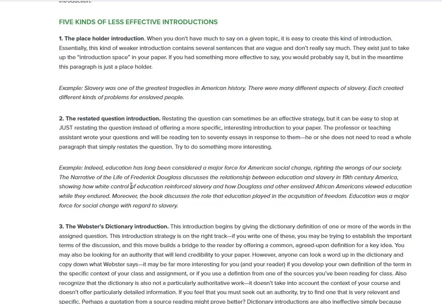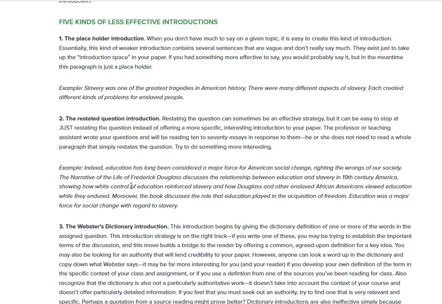If you want to be more specific, you need to mention Frederick Douglass. Frederick Douglass was a very prominent educator. And thanks to Frederick Douglass and his stories, people learned about the cruelties of slavery. For instance, that's a much better and more specific introduction. And this one is just too vague.